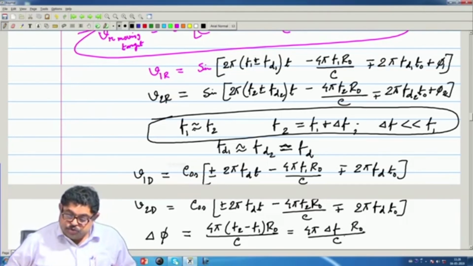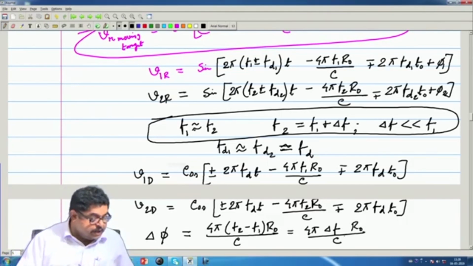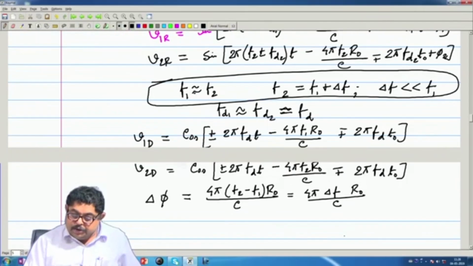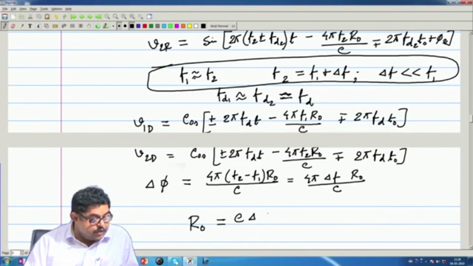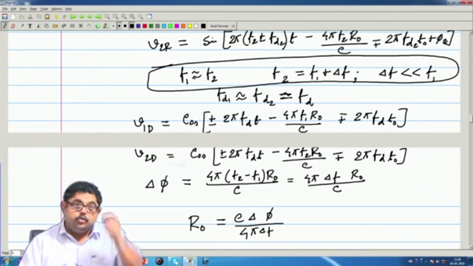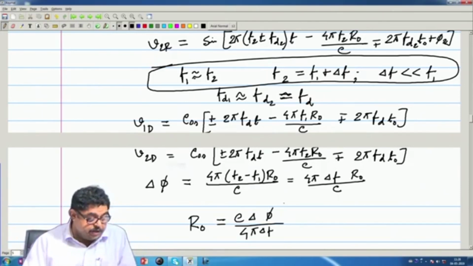From here you see I can easily find out my range: R0 = cΔφ/(4πΔf). Δf I know because I have transmitted it.